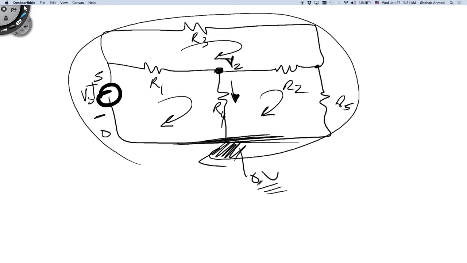Your battery has a positive terminal with respect to a negative terminal. A negative terminal will be our reference in our circuit, right? This is where the negative terminal of the battery is connected. So this would be my reference. So this is V2 with respect to 0.